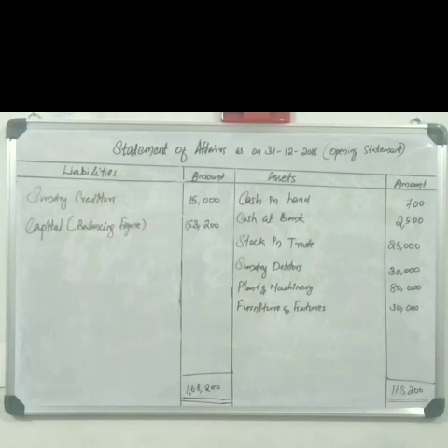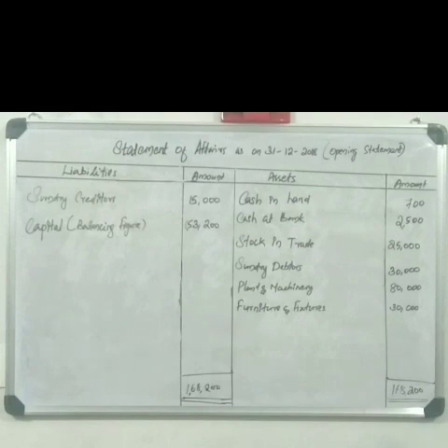So let us prepare the opening statement, that is the statement of affairs as on 31st December 2018. Let us see what are the items given. Is cash in hand an asset or liability? Cash in hand is an asset. So on the asset side, cash in hand 700 rupees. Cash at bank, which is also an asset, is 2,500 rupees. Stock in trade, that is the stock available for trading or sales, is 25,000 rupees, which is an asset.